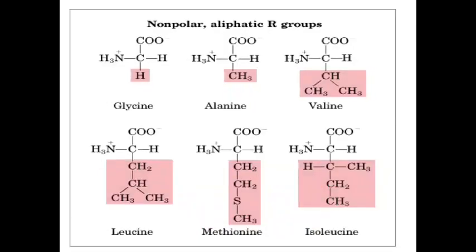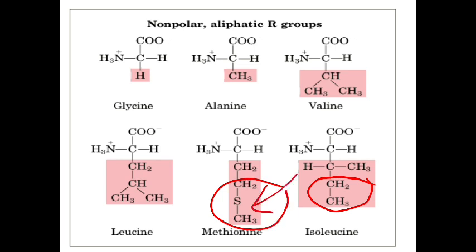Also, we have glycine, alanine, valine, leucine, methionine, and isoleucine. All these have hydrocarbons, and also the sulfide thio group.